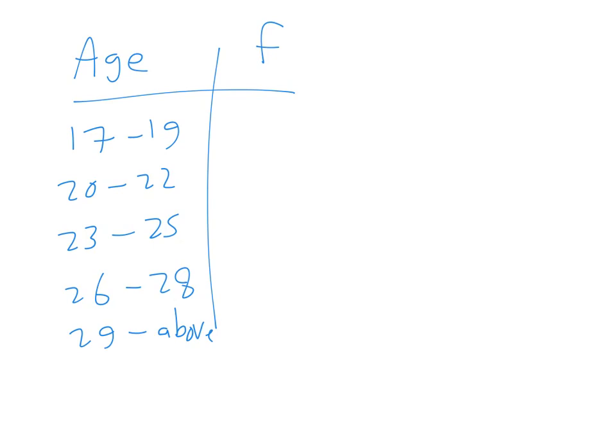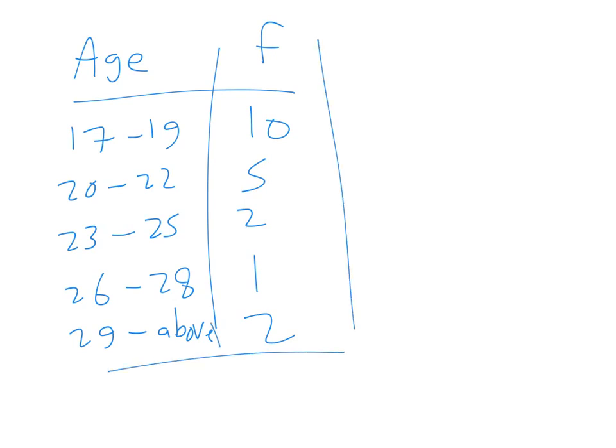So suppose this is my distribution. I think the majority of the students will be here. So suppose I have 10 here, 5 here, 2 here, then 1 here, and then 2 here. So again, I have 20 students in my class, and I want to know the probability.